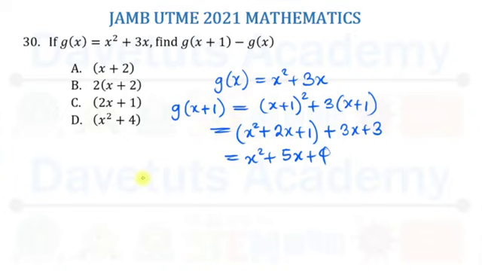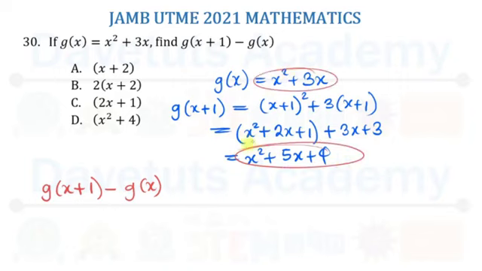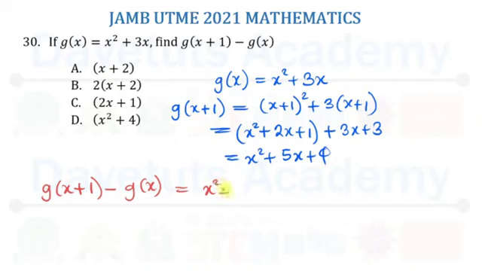Then we have G of X already. If we want G of X plus 1 minus G of X, it will be this whole equation minus this particular one. So that is going to give us X squared plus 5x plus 4 minus X squared plus 3x.